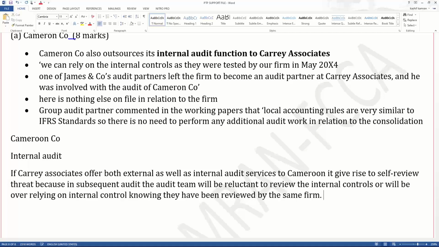So will you become reluctant when you come to the audit in subsequent years? You will not be performing any check and balance on internal controls, or you will be over relying on the internal controls knowing they have been reviewed by the same firm.